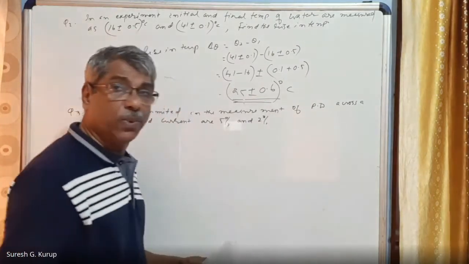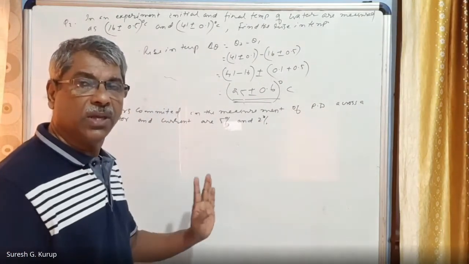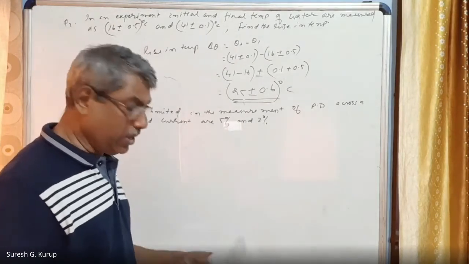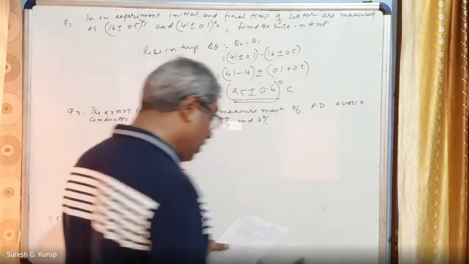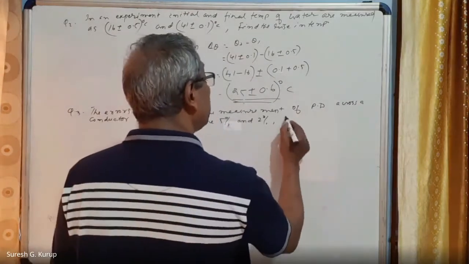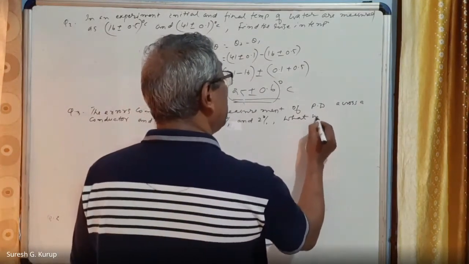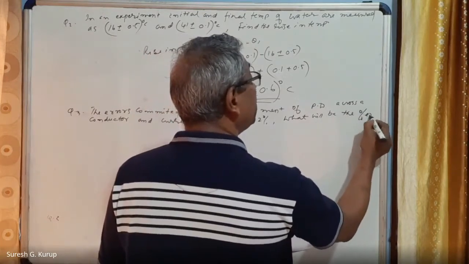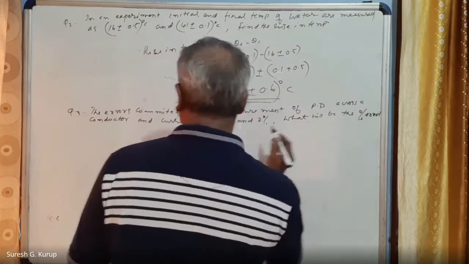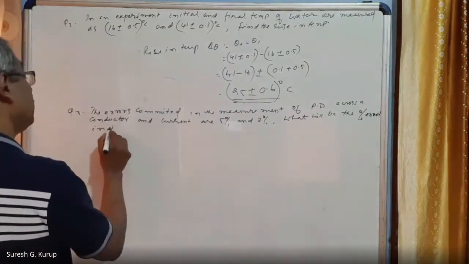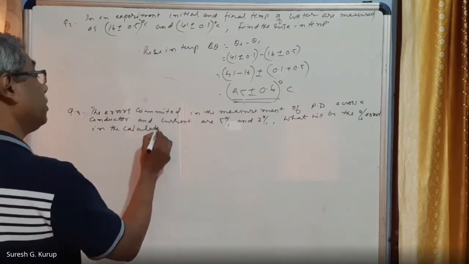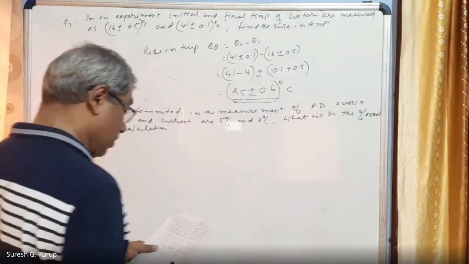This 5% and 2%, when written, means, remember, this is percentage error, right? Relative percentage error, right? What will be the percentage error in the calculation? That is the question, right?